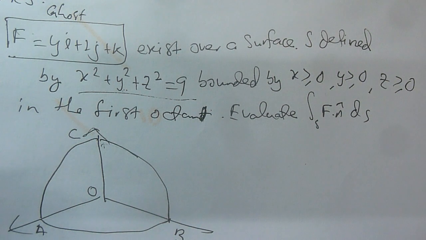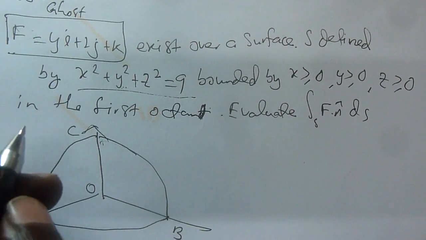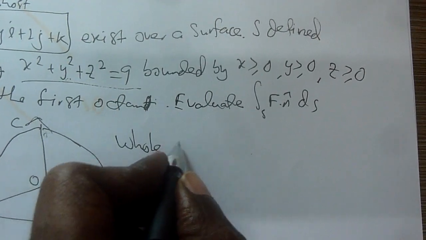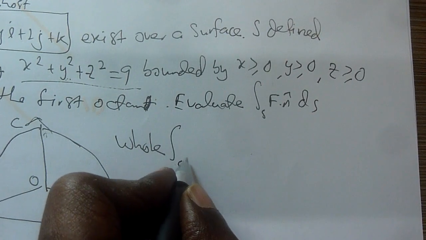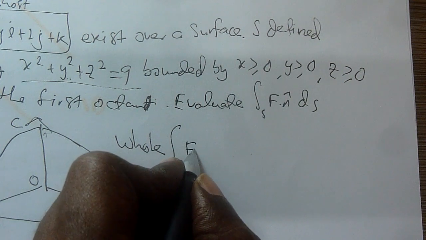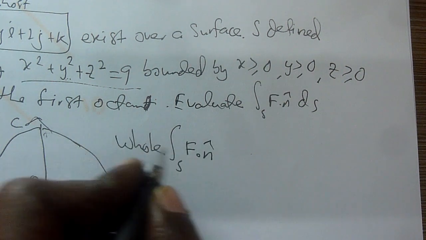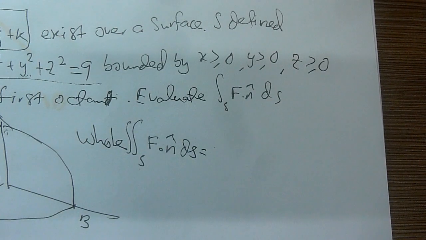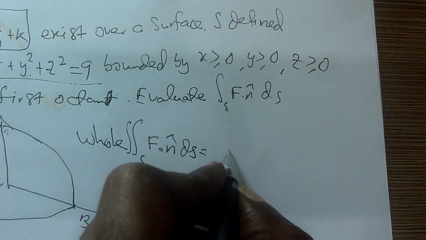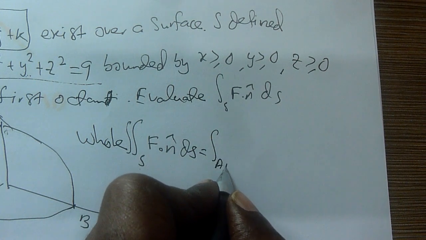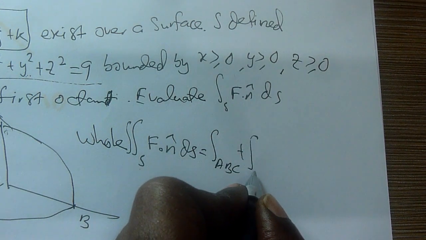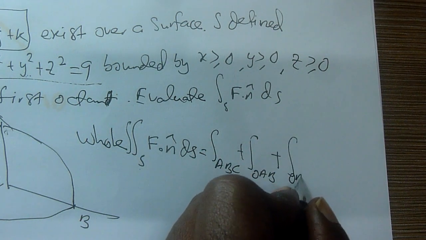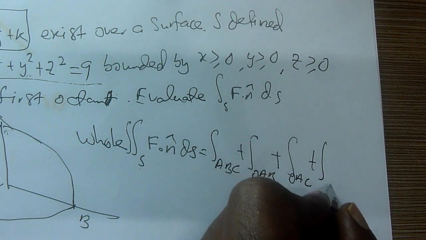Now you need to find out the whole, which is the surface of that, maybe it could be 2 and BS. If this is the case: ABC, OAB, OAC, OBC.